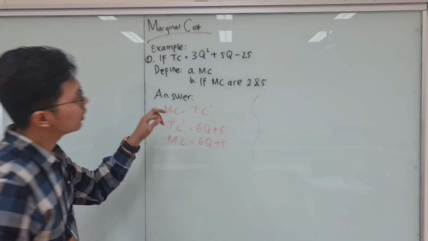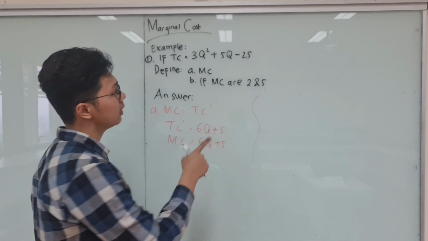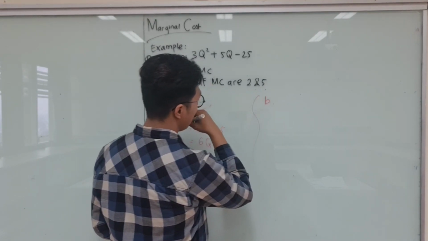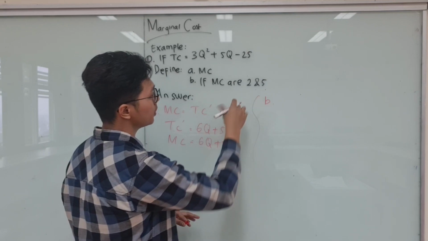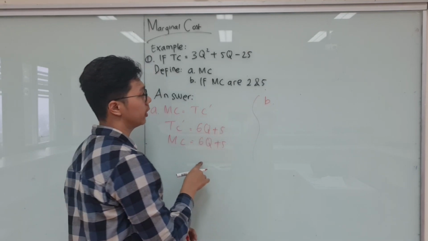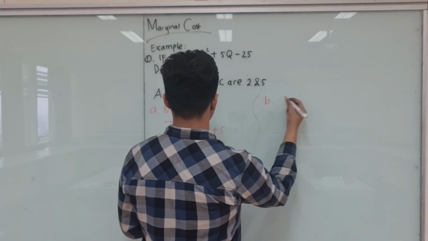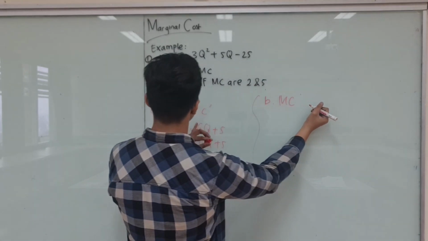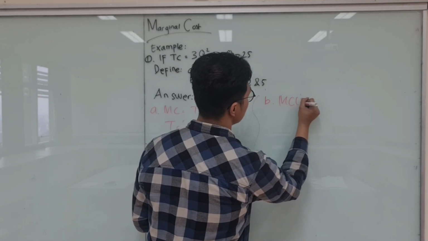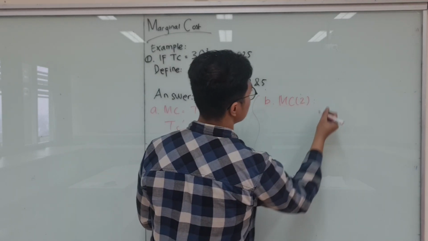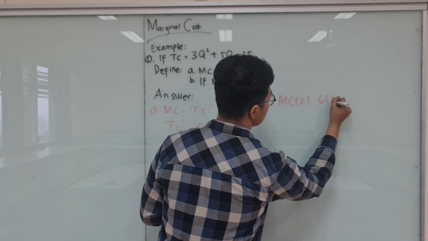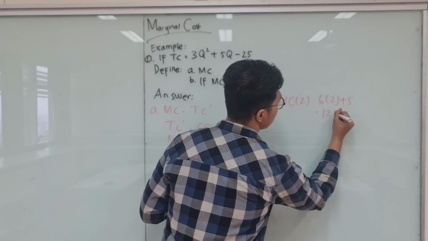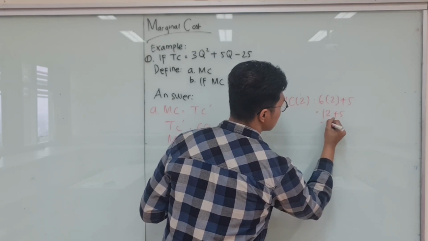And the second question is the MC when Q is 2 and 5. We can find it by substituting the 2 and 5 into the MC equation. So for Q equal to 2, we substitute 6 times 2 plus 5, 12 plus 5 equals 17.